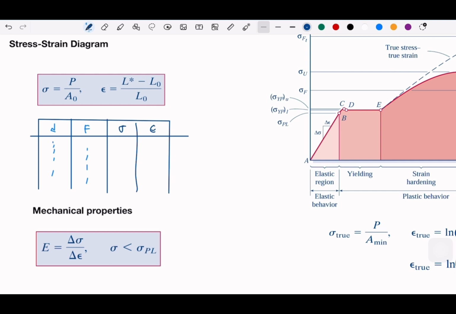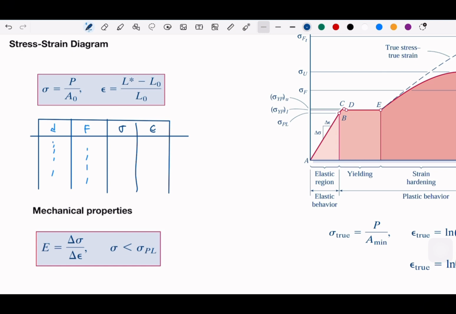So sigma: you take F divided by the original cross-section, and you define all of them with the same assumption. This is important: for every stress you compute, the area is going to be the original size. But we are going to see there will be a problem.